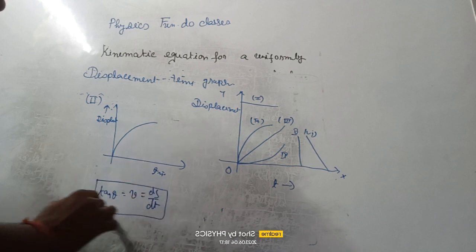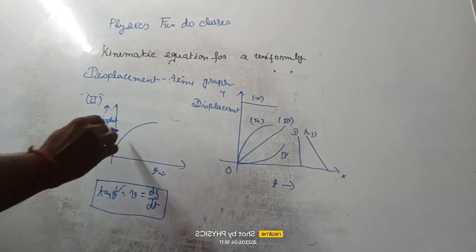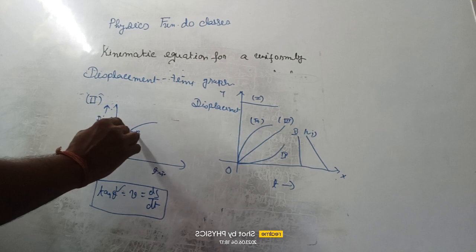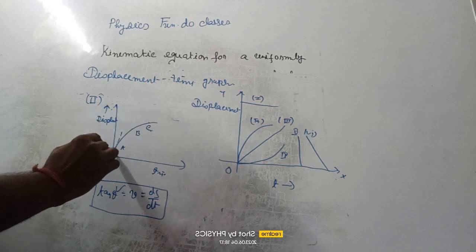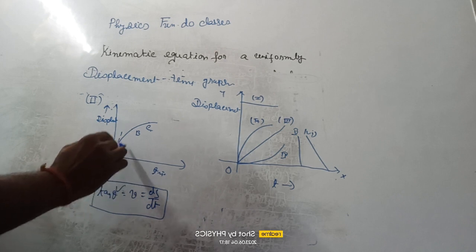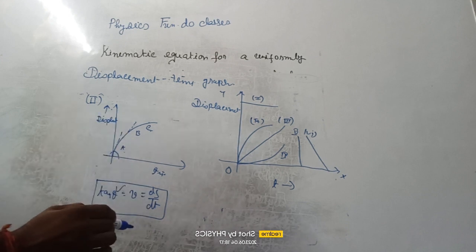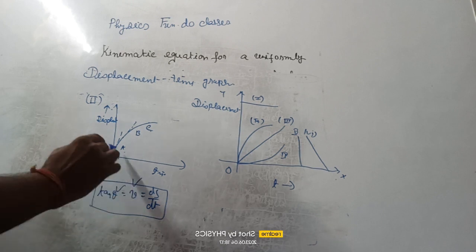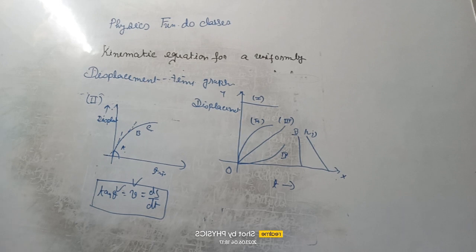We already know that. Now, what is theta? Theta is the slope. If we consider the points A, B, C, we see that the angle with the time axis is continuously decreasing. So the velocity of that particle is continuously decreasing.